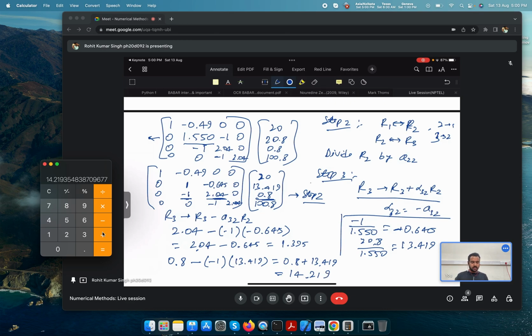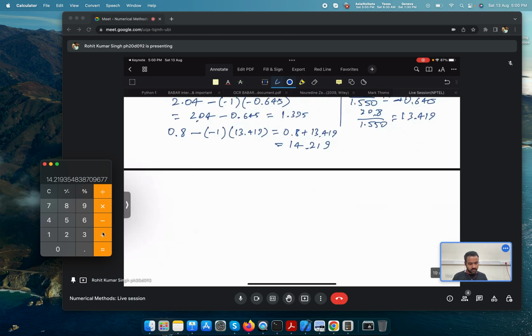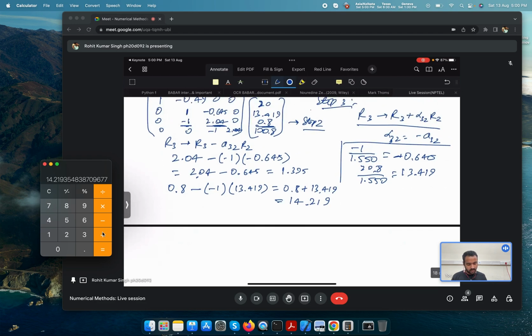Okay, so at the end of step 2 and step 3, what you will have is 1, minus 0.49, 0, 0, 0, 1, minus 0.645, 0, it will be 0, and this one will be converted. Oh, wait, let me write bigger.